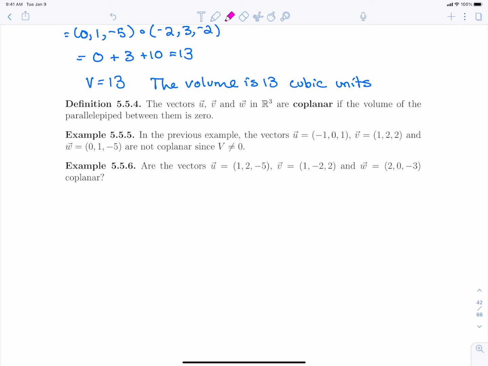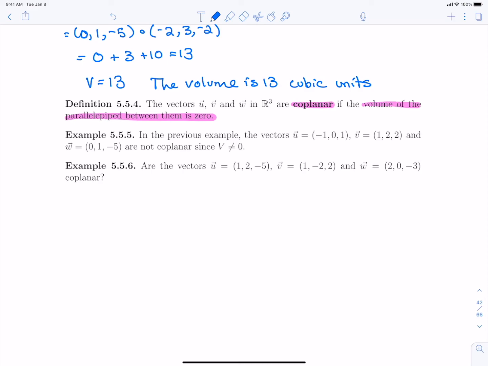Well, just to conclude here is this idea of coplanar. So we've talked about collinear, meaning that it's parallel. Now, coplanar means that the volume of the parallelepiped between them is 0. So that means the vectors u, v, and w aren't 0, but the volume between them is 0.